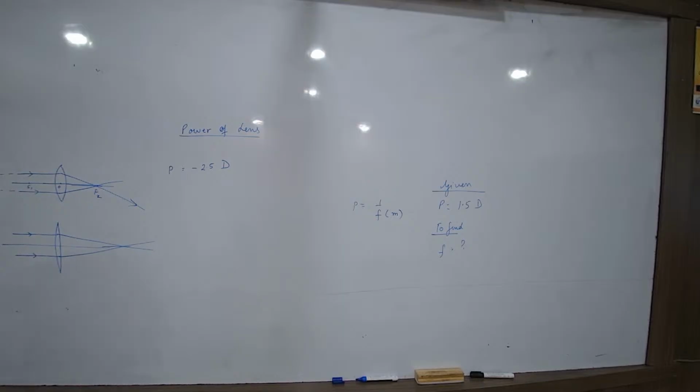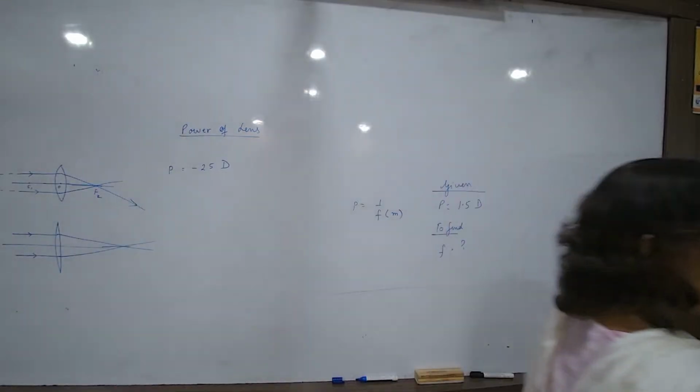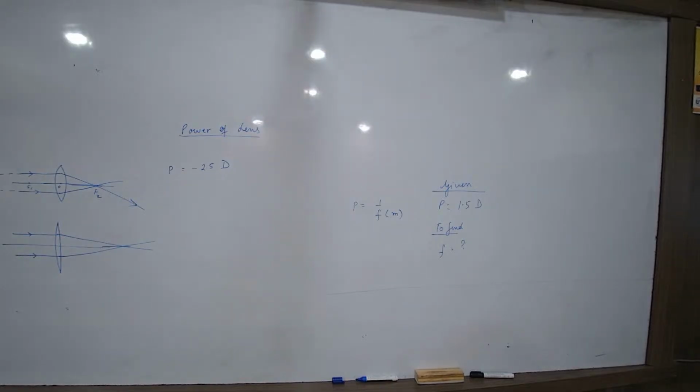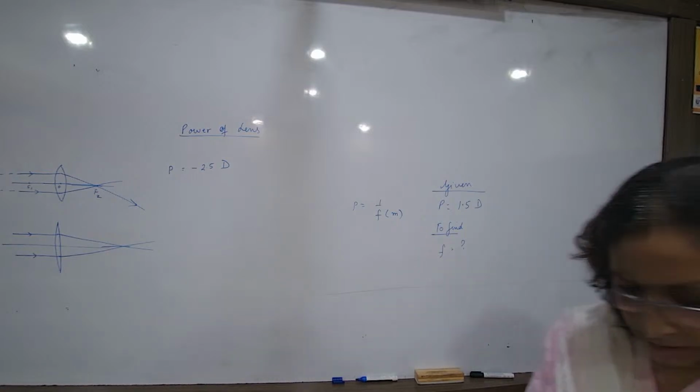Ma'am, 2/3 is equal to 0.67. Okay, write down this.